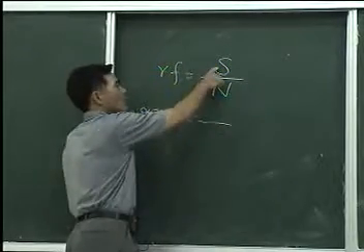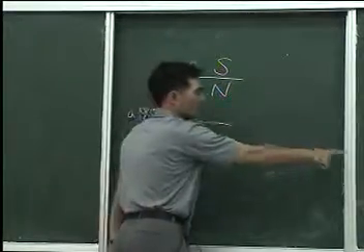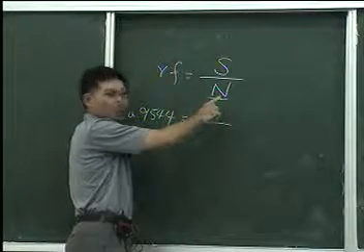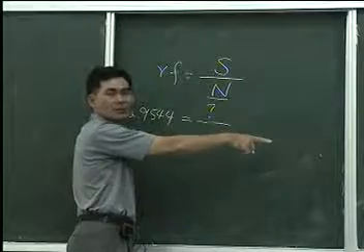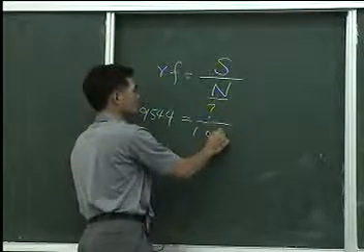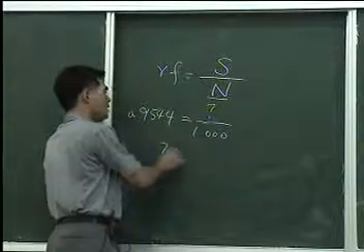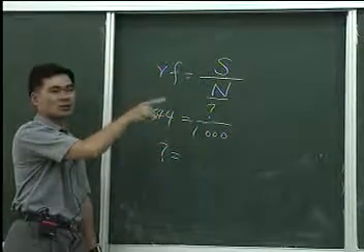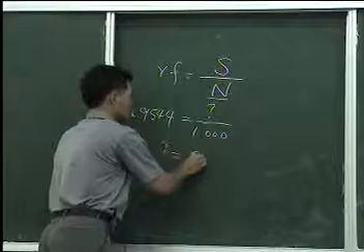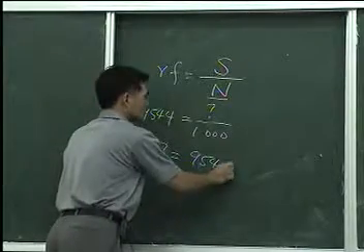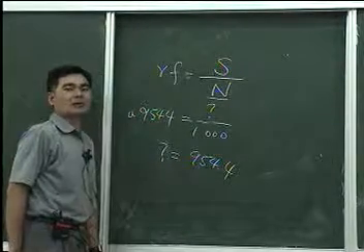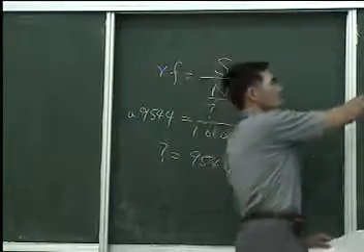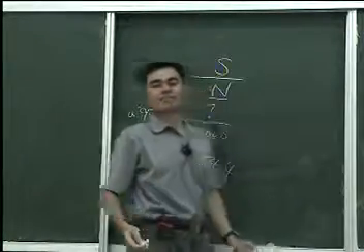How many will be in this area? You don't know. But do you know the total number? There are 1,000 samples. So how many samples will be between 16 and 24? 954.4. So it will be about 954 samples within 16 and 24.